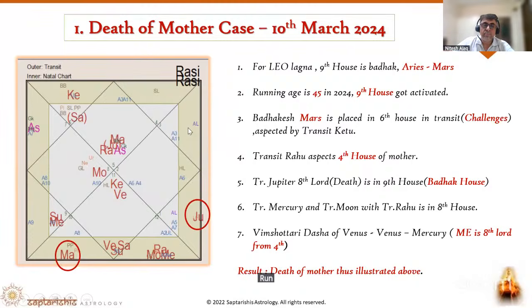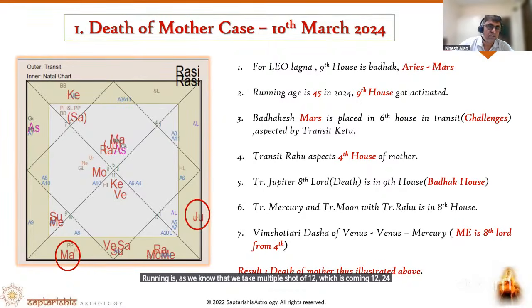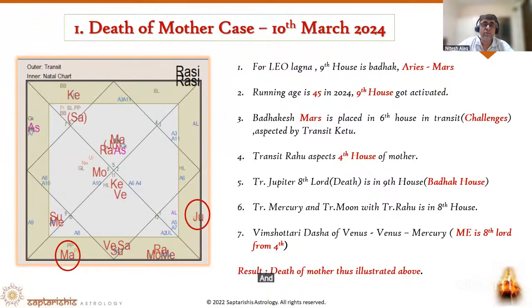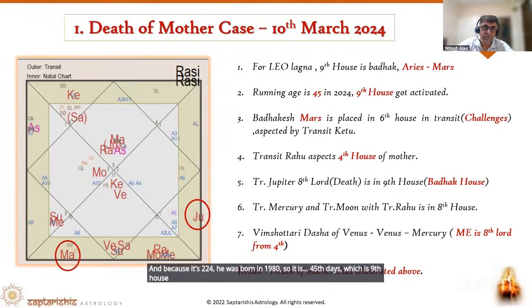Running age, as we know, we take multiples of 12, which is 12, 24, 36 and 48. Always it's the 12th house. Because it's 2024 and he was born in 1980, it is the 45th age, which is the 9th house, and the 9th house got activated.